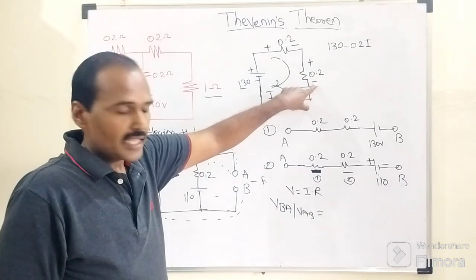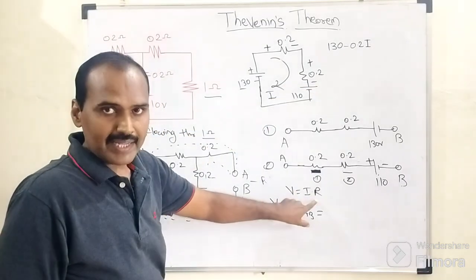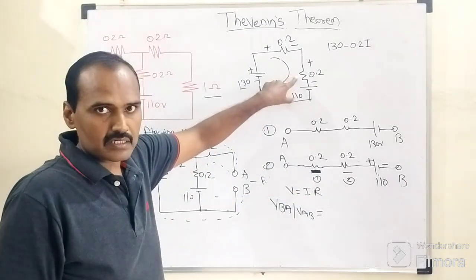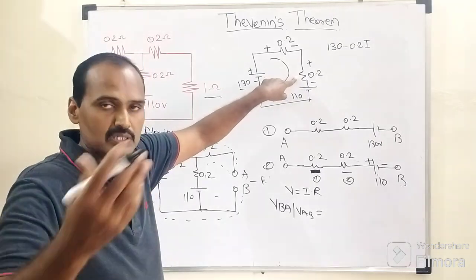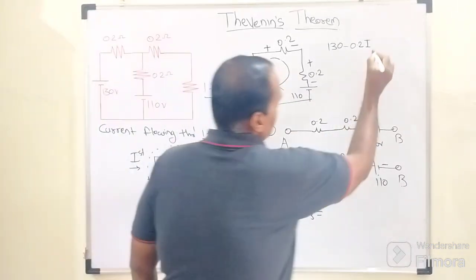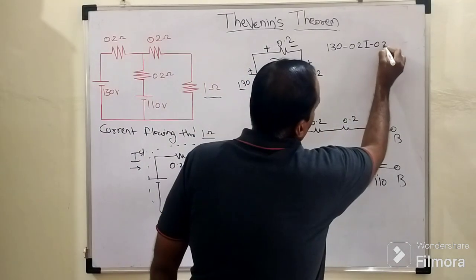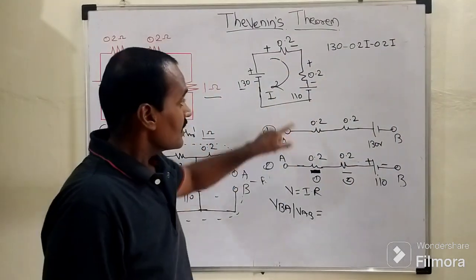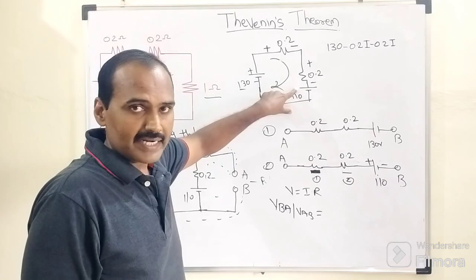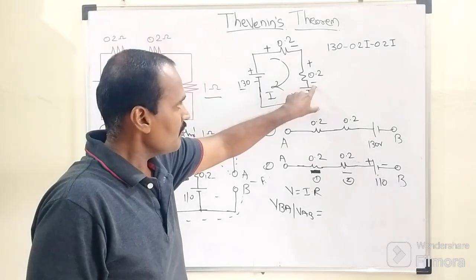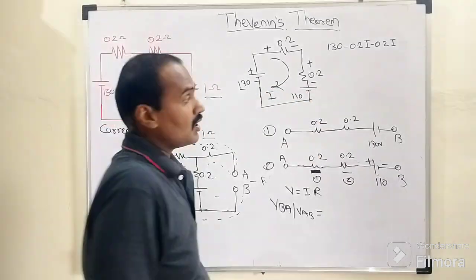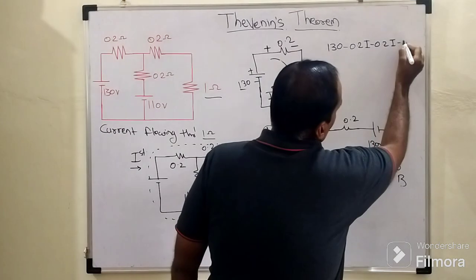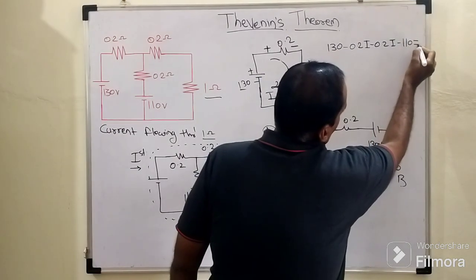That's why the ohmic drop, which is nothing but I into R across this resistor, has negative polarity as well. So it will become minus 0.2 times I. As far as this 110 volt battery is concerned, as we are going from positive to negative plate, the opposite sign we need to consider. So minus 110 equals 0.